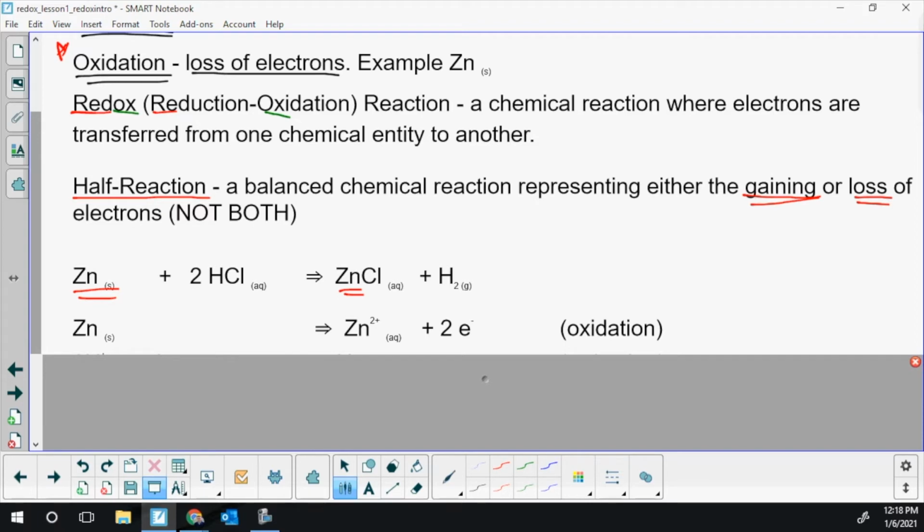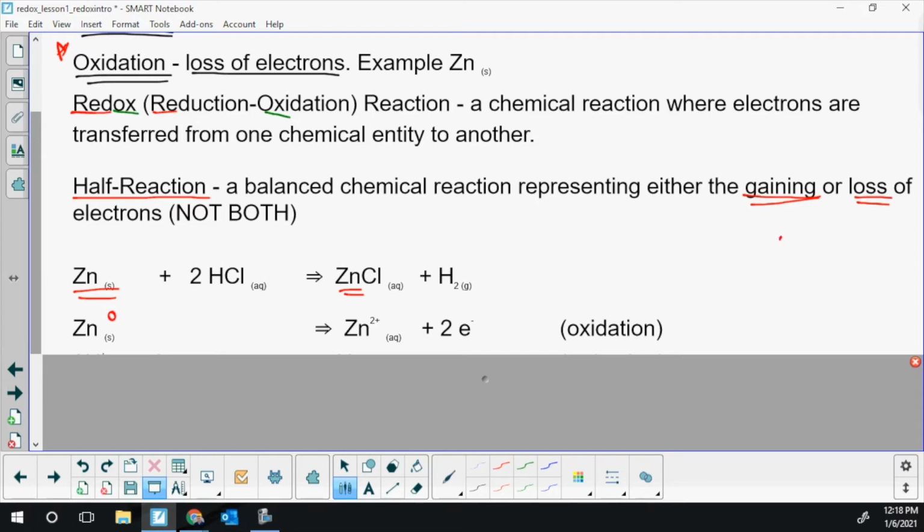So I've pulled down those red underlined pieces. Okay. So zinc solid is our only reactant in the oxidation half reaction, producing the only product, zinc 2+, but then we've got to show the electrons that aren't shown in the single replacement. Okay. Zinc going from neutral up to 2+ involves losing 2 electrons.